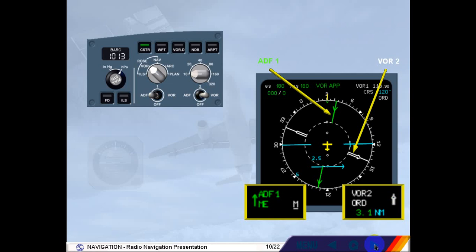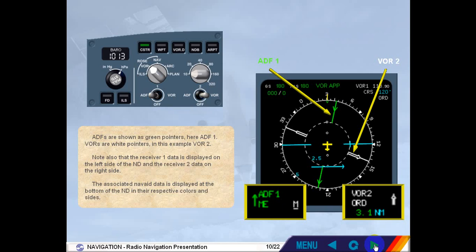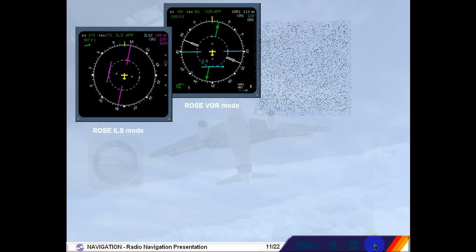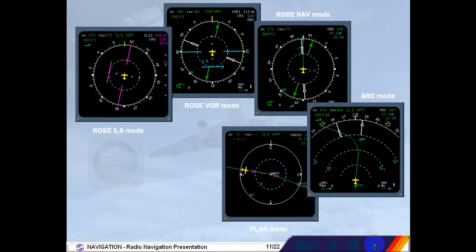The associated NavAid data is displayed at the bottom of the ND in their respective colors and sides. We will see the different ND modes and NavAid tuning in more detail in the normal operation module.